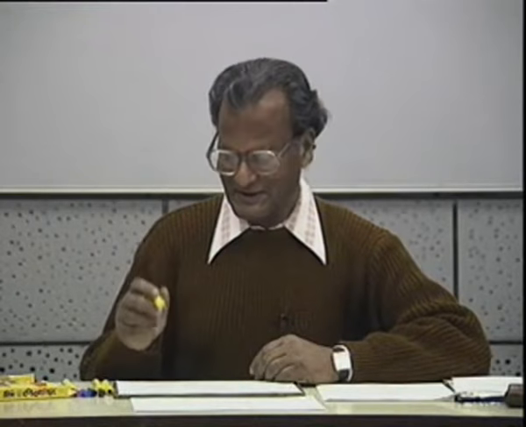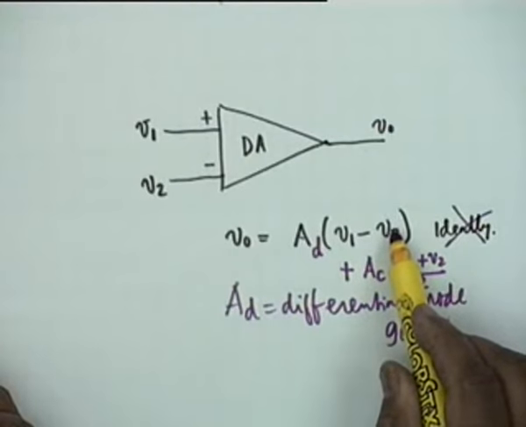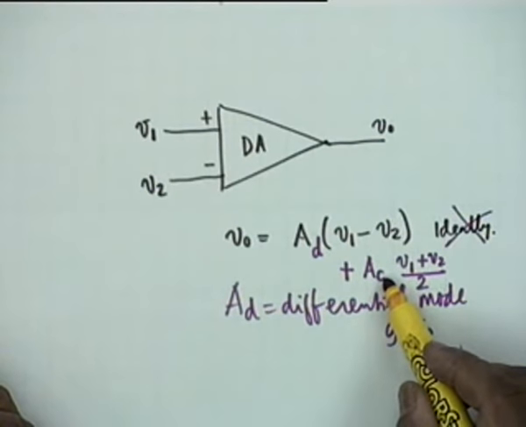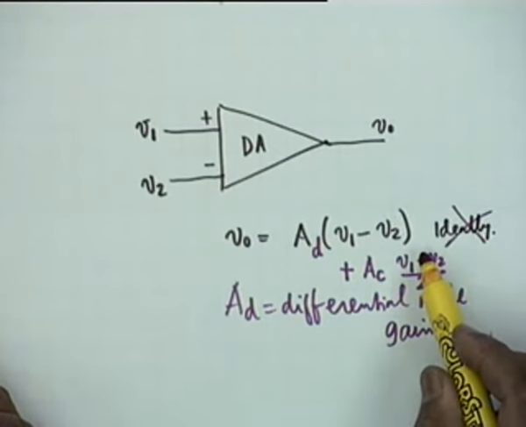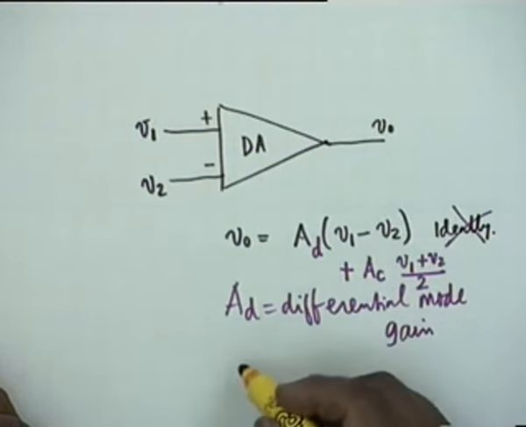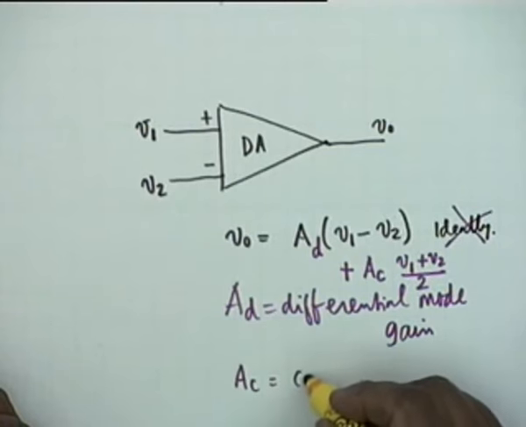Okay. You can see that if V1 and V2 are identical, then this term would be 0 and the output would be AC multiplied by V1. Is that clear? That's why the division by 2. Okay. A sub C is called the common mode gain.